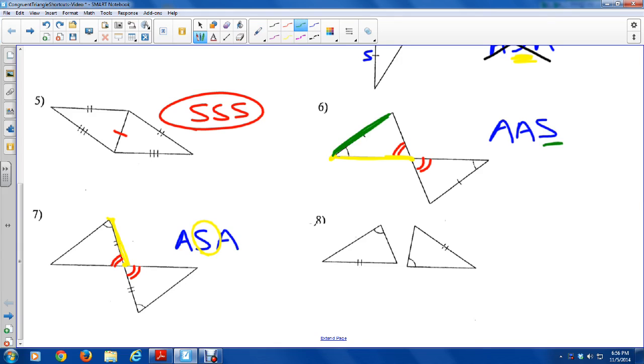Don't be confused by something like number 8. Okay, I'm counting them up, and I've got 1A and I've got 1S. There's my angle pair congruent. There's my side pair congruent. Do you have anything else you know? We need 3 congruent statements. So I'm looking for vertical angles. Nope, don't see them. I'm looking for a shared side. Are they touching each other? Nope.